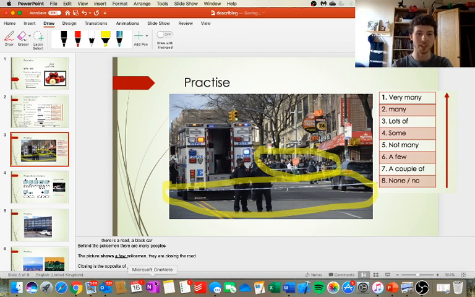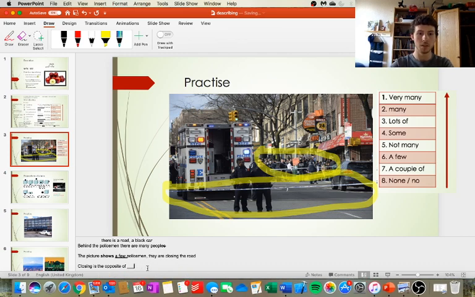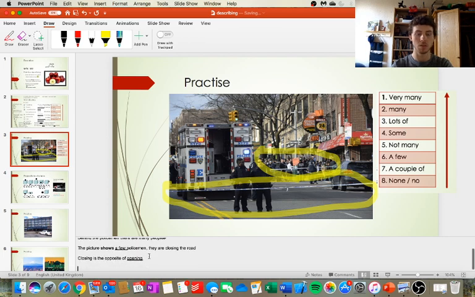Opening. Thank you, Gabrielle. And this is present continuous tense. I am closing the road now. I am opening the road now. Present continuous tense. Excellent. Okay.